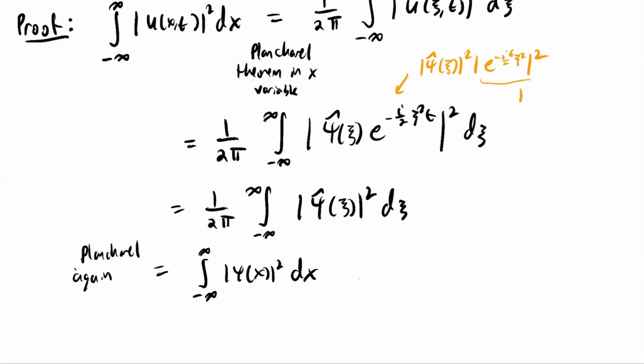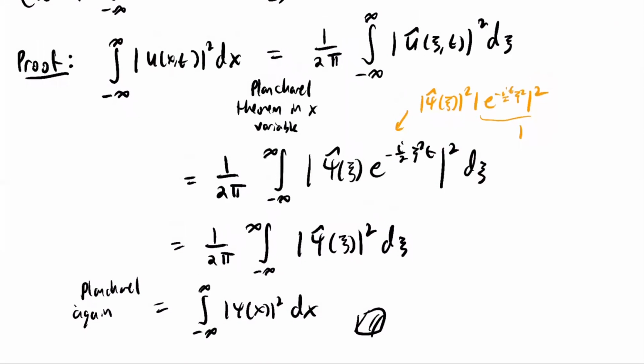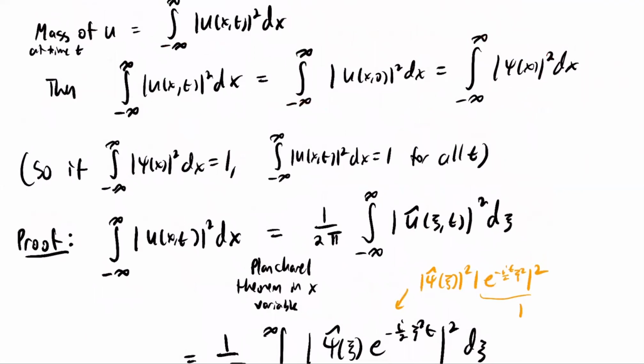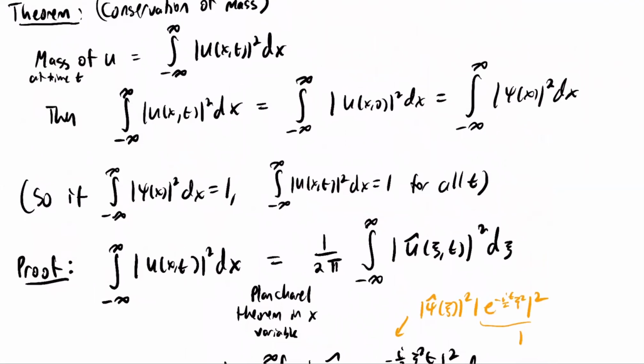And so that's what we wanted to prove. At every step here, we had an equality, and so the first thing we started with is equal to the second thing, and this is exactly what's claimed up here. Okay, so that's the conservation of mass associated to the Schrodinger equation.